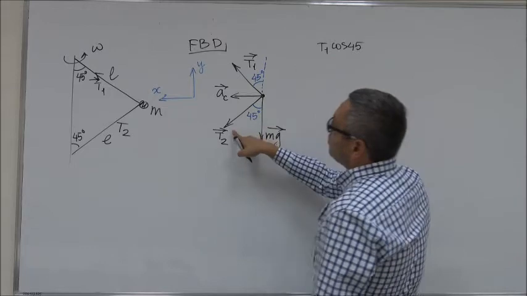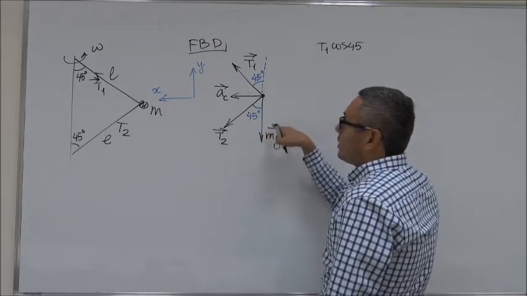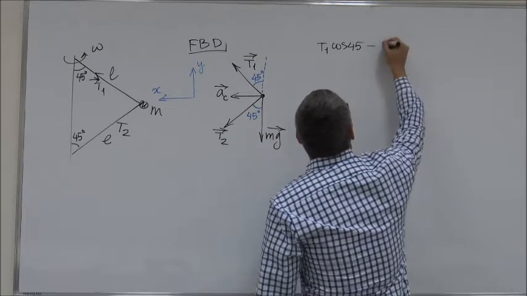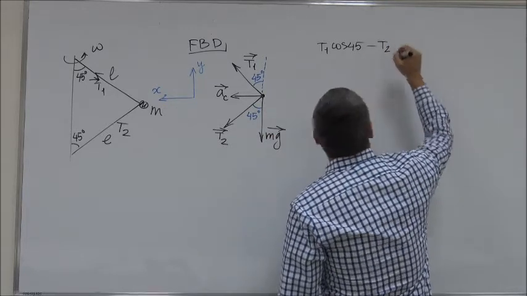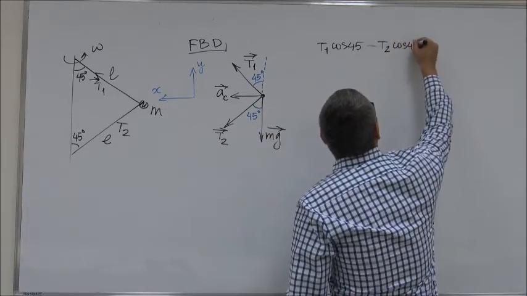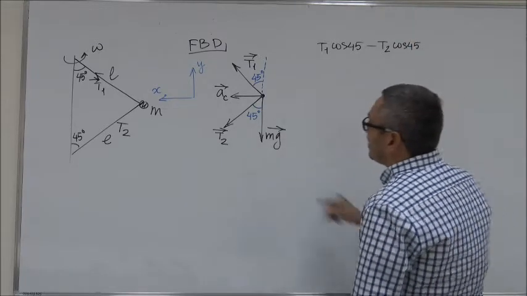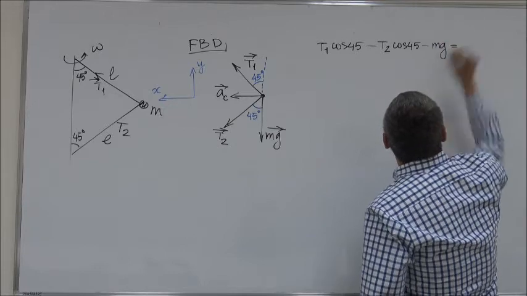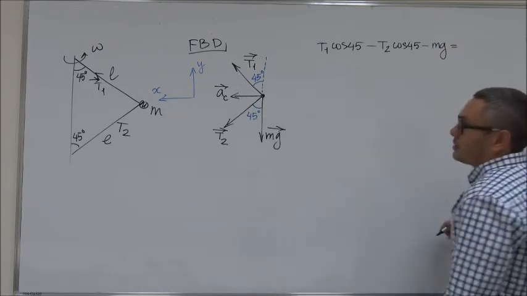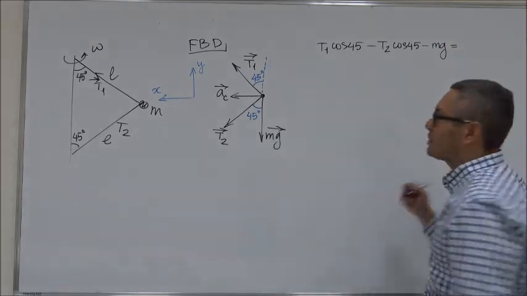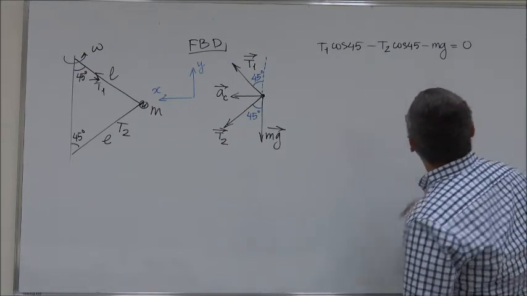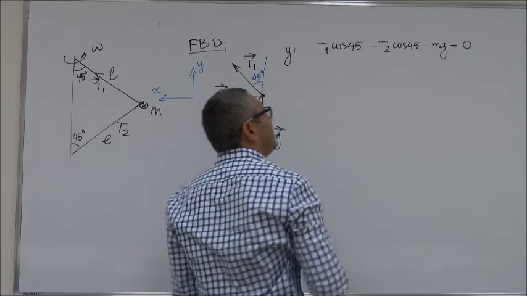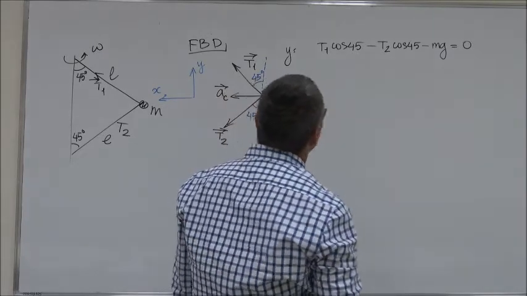Then T2, but with a negative sign because it's pointing downwards, so minus T2 cosine 45 and minus mg. This is equal to mass times acceleration, but in the y direction there is no acceleration, so this is just 0. So this is what is happening in the y direction.